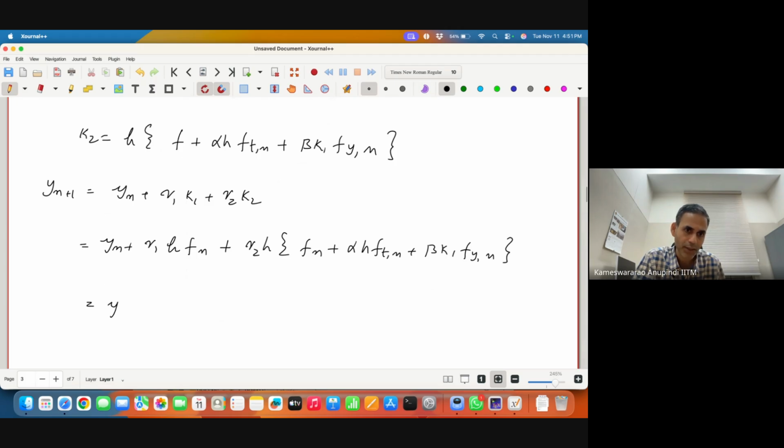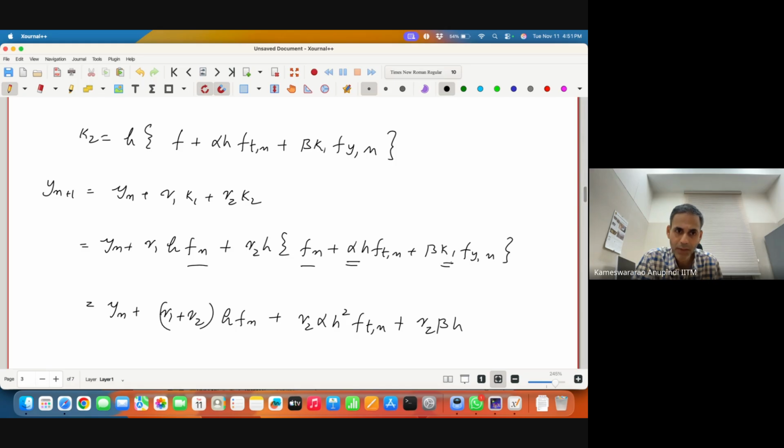That means I can write this as y_n plus, if I collect f_n terms, gamma 1 plus gamma 2 times h times f_n plus gamma 2 times alpha times h square f_t comma n plus gamma 2 beta h times k1.